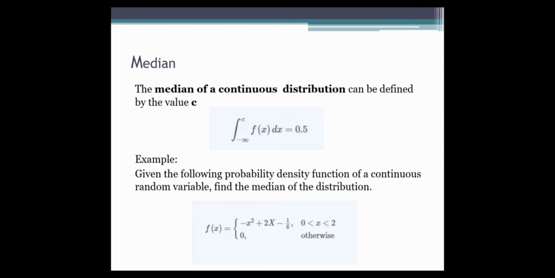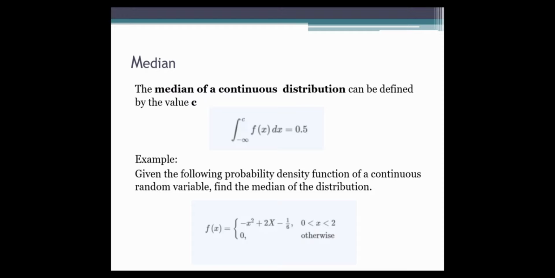So, next is median. The median of the continuous distribution can be defined by the value of x in this below, the integral from negative infinity to the median of f of x times dx is equal to 0.5.